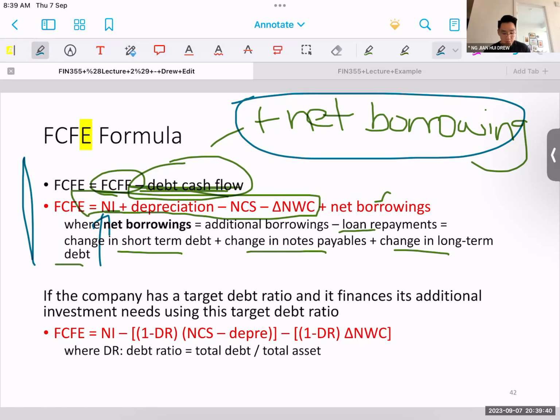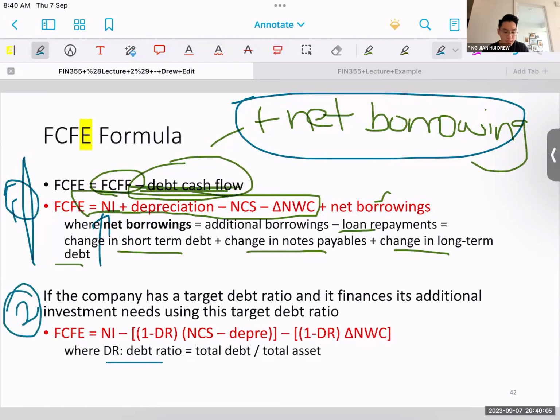Now, the next way is using the debt ratio. This is usually more the standard approach. Most questions will use this debt ratio approach to calculate FCFE. But if you're looking at the financial statement, sometimes it might be easier to use method 1 here.